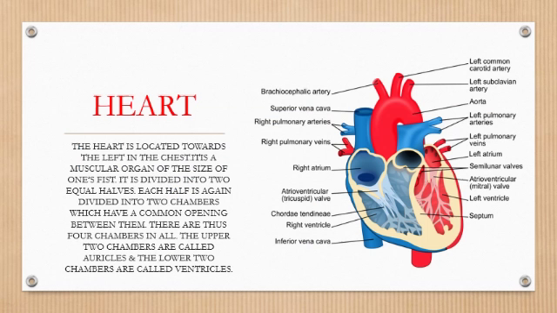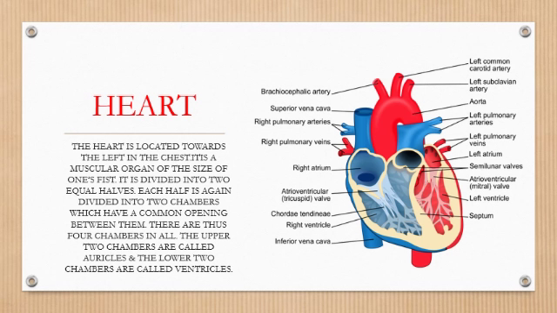So the main part or the chief organ of the circulatory system is the heart, children. The heart is located towards the left in the chest cavity, and it is a muscular organ of the size of one's fist.